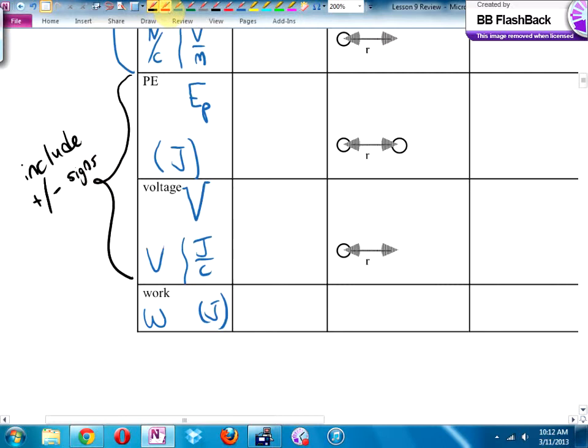And then the last thing, there's another word for voltage. It's also called potential, not to be confused with potential energy.